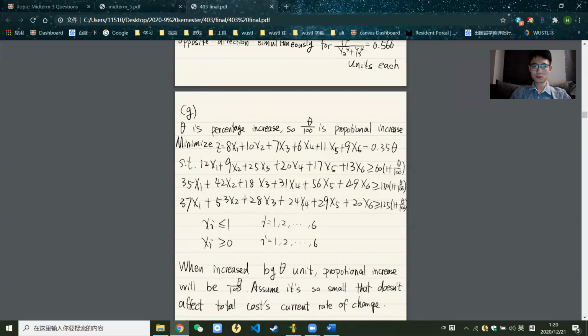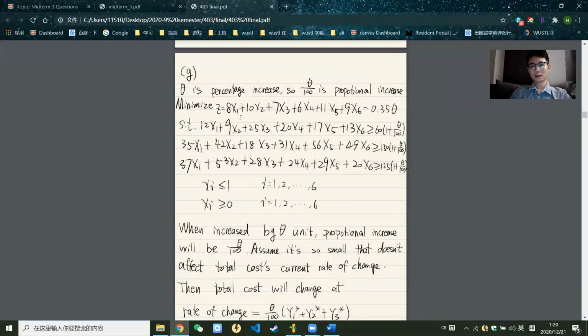And for problem G, we would like to see the change of the right-hand side plus the reduction of the cost, which is the tax. So I increase the right-hand side of the constraint and decrease the cost, which is the objective function.